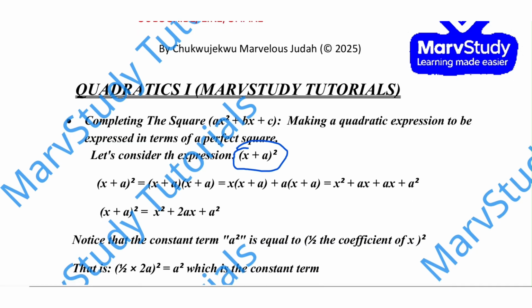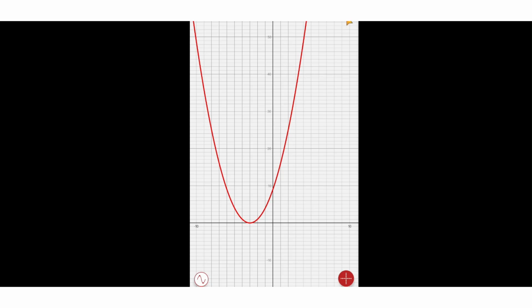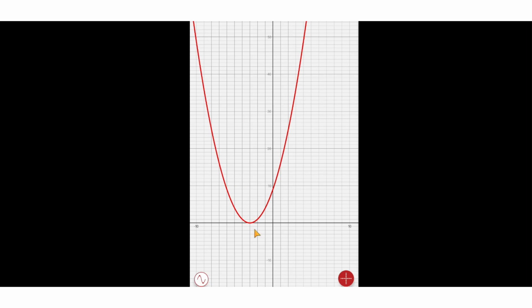I want us to see a graph before we continue. This is a graph of x plus 3 all squared. This is a perfect square. Graphs of perfect squares look like this: they have their maximum or minimum points touching the x-axis at only one point.